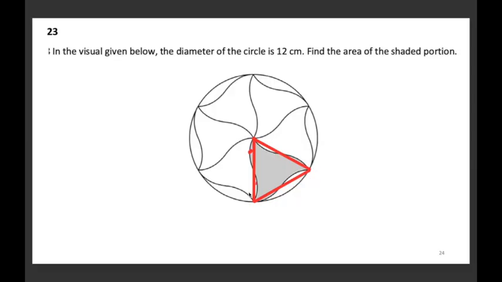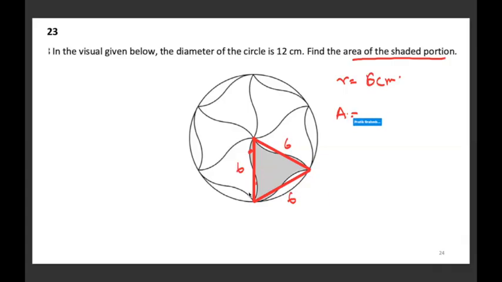So basically if I want to find the area of the shaded part here, I just have to find the area of the triangle. Okay, I mean area of the equilateral triangle that is there. और diameter of the circle is 12, so radius आपका होगा 6 centimeters because diameter is 12 centimeters. So the area of the equilateral triangle, now if radius is 6, तो ये भी 6 आएगा, ये भी 6 आएगा और ये भी 6 आएगा.